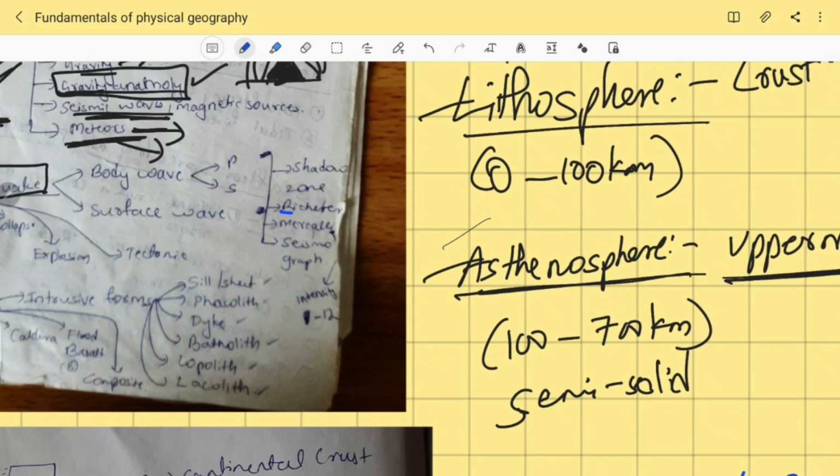We have the Richter scale, and to measure the intensity of an earthquake we have the Mercalli scale. How do I remember it? Every mother wants their children to be rich, right? They want their children to be seen as rich, successful, independent in their life. So magnitude, rich. That's how I remember.